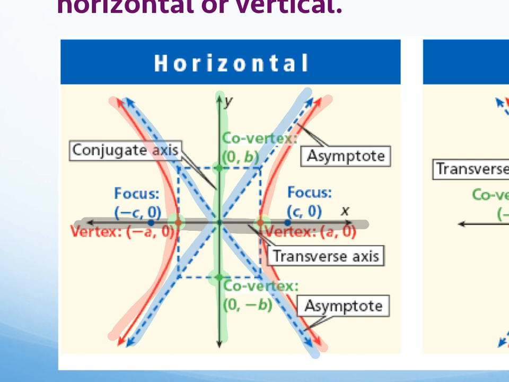Conjugate is the minor. But instead of connecting those 4 points, we use those 4 points to turn the parabolas away from them. And again, I'll show you the breakdown of all of that. And the last thing on here is, again, the focus. The focus always falls inside the parabola shaped, or the branch, just like it does with a parabola. And it is C distance away from the center.